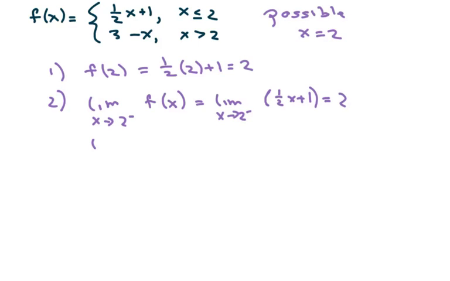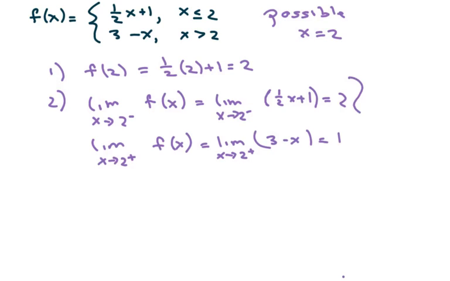And we also want to do it from the right. That is 3 minus x, and that equals 1. Okay, so therefore the limit as x approaches 2 in general of f of x does not exist.